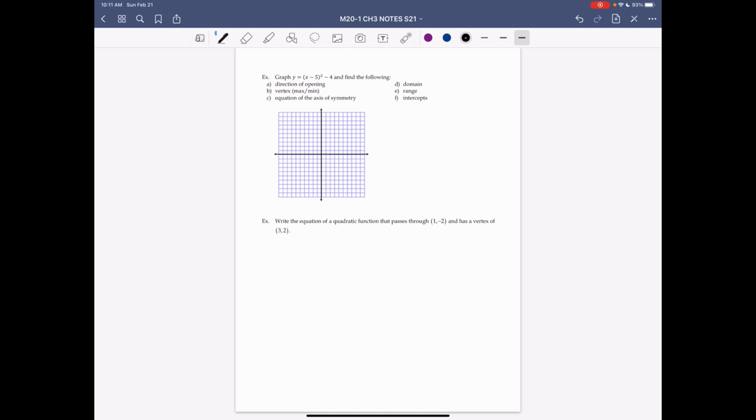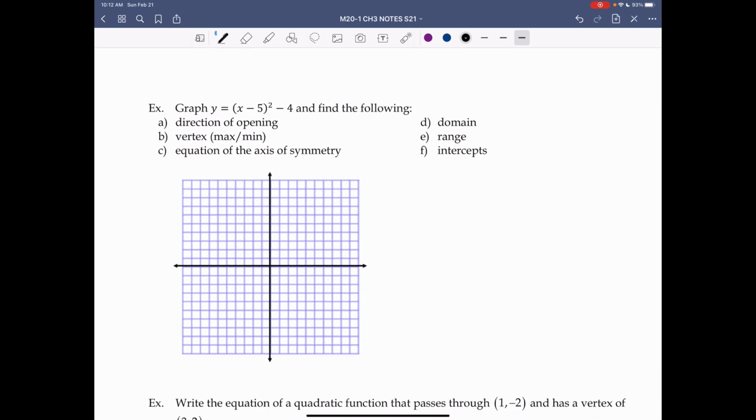Example: graph y equals (x minus 5) squared minus 4, and find the following: direction of opening, vertex, max or min, equation of the axis of symmetry, domain, range, and intercepts. The function's in vertex form.